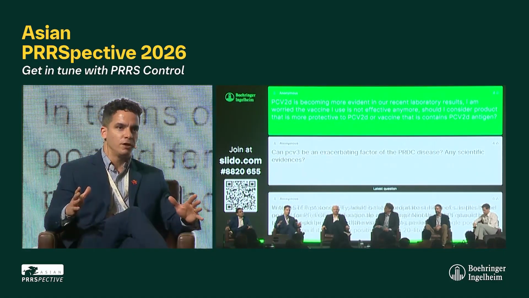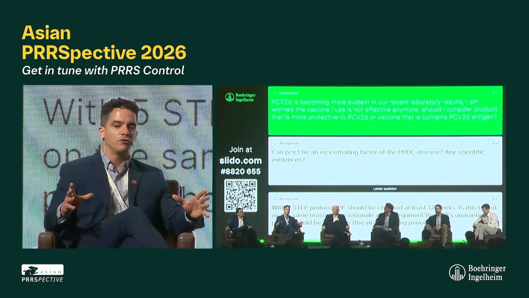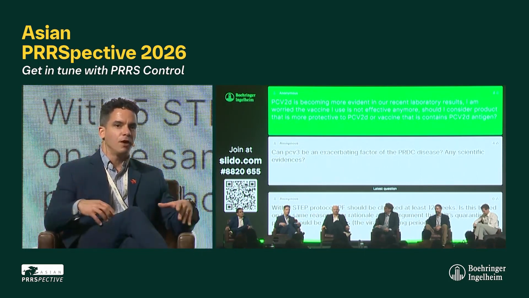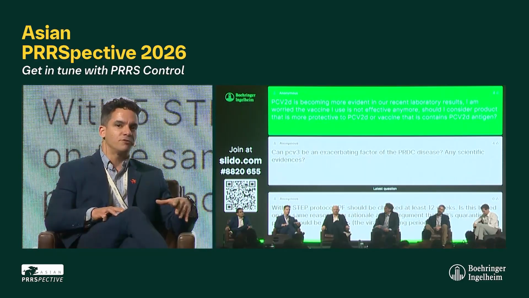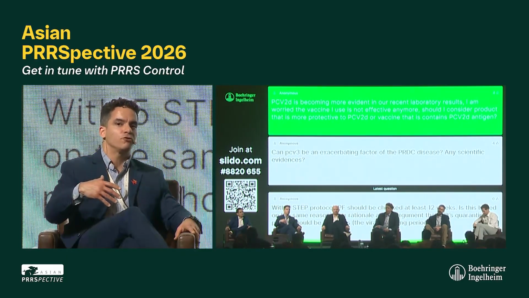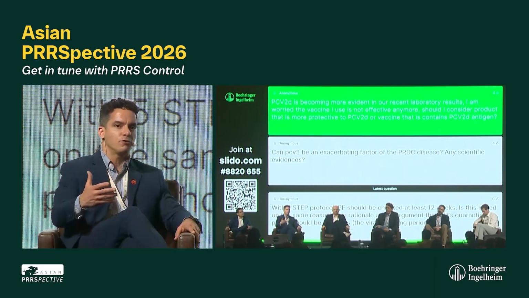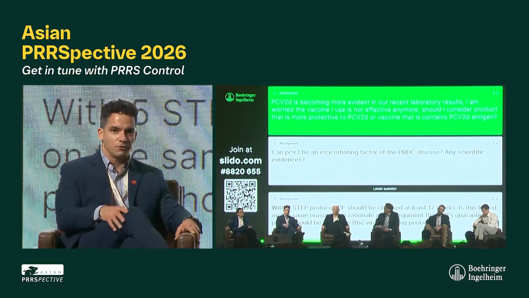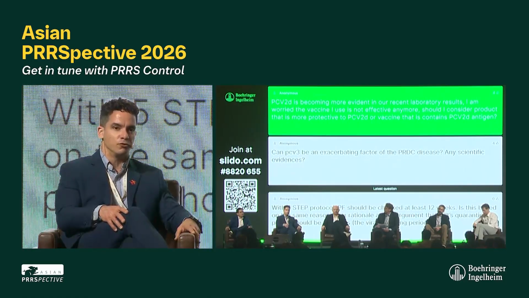If you're seeing more PCV2D or more PCV2D confirmed disease cases, one thing that should be investigated, you should go through this 5-step process to really understand what are maybe the root causes of the increased number of cases of PCV2D that are being observed.